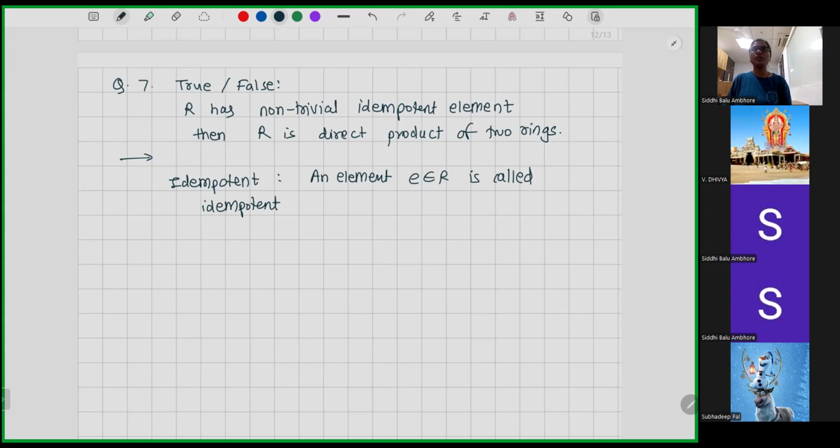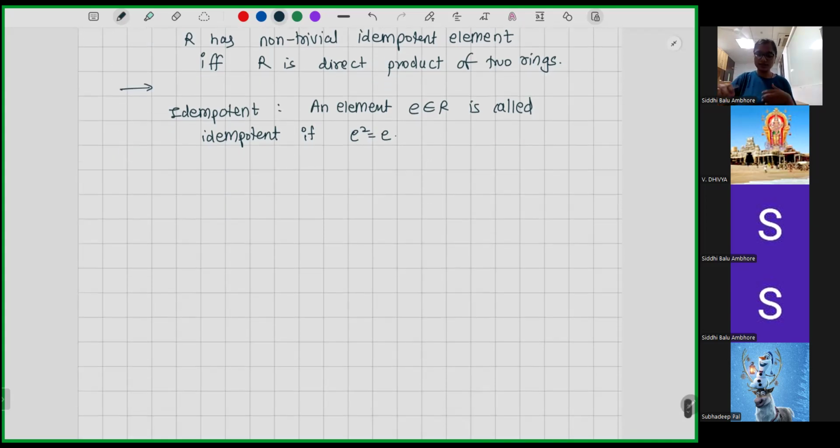So can you give me a non-trivial idempotent element in the reverse direction? Let us check whether this is if and only if. Since the reverse is anyway true, let us check for (1, 0). That is true. Okay, so what Subhadeep is saying is that this is in fact an if and only if statement, which is true. So let us see the converse.